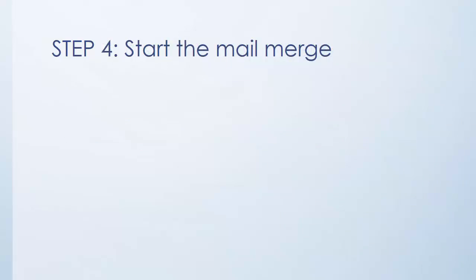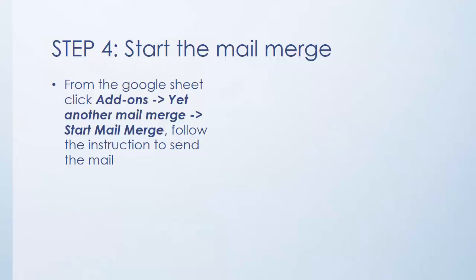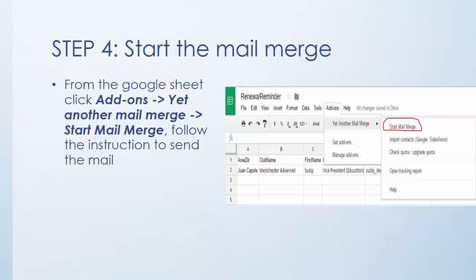Step number 4 is, after you have installed your Yet Another Mail Merge app and put your email into the draft folder, you are ready to send out personalized mails to hundreds of recipients. So what you do is start the Mail Merge app. The way you do it is from the Google Sheet, again you go into Add-ons, Yet Another Mail Merge, and start Mail Merge, as you see here in this example on the photograph.